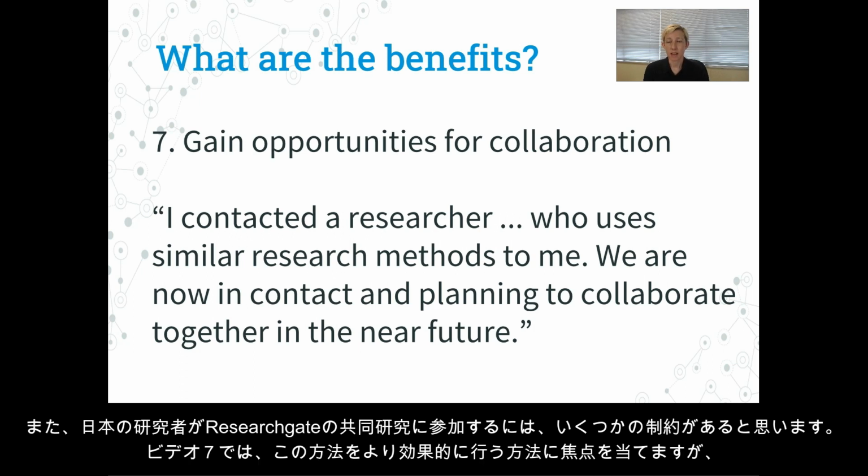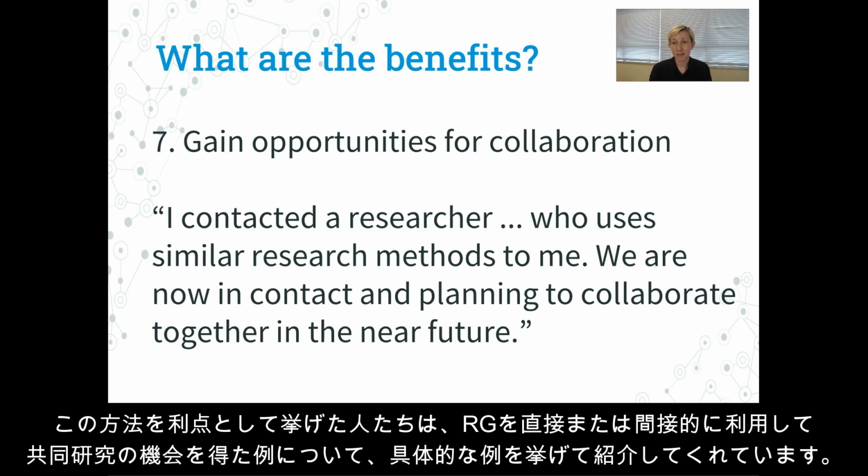And we think that there are some limitations that prevent researchers in Japan from really engaging in the collaboration part of ResearchGate. So we're going to focus in this video number 7 about how to do this more effectively.